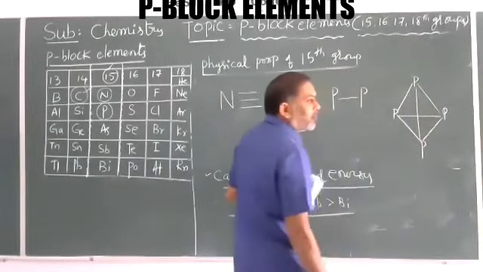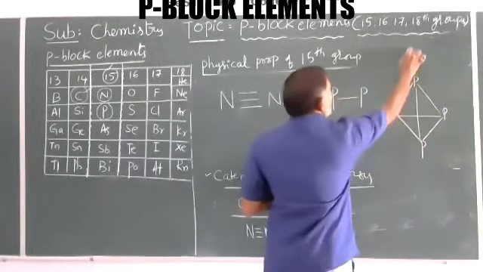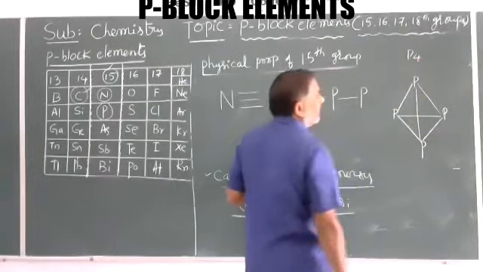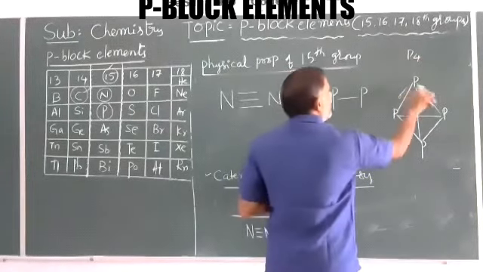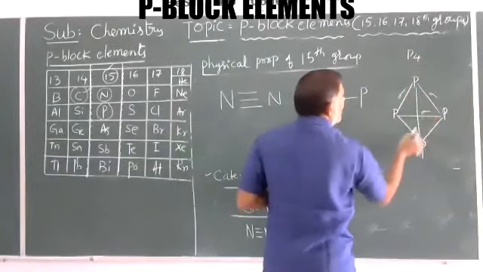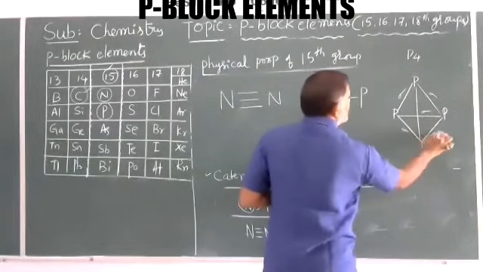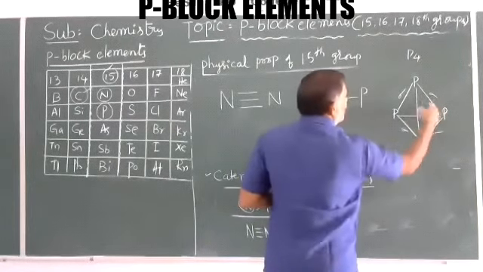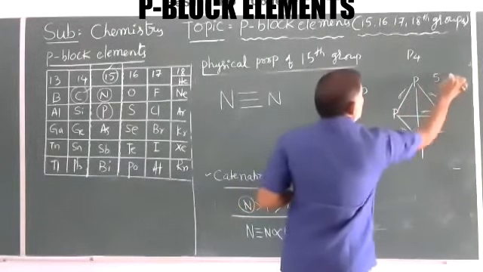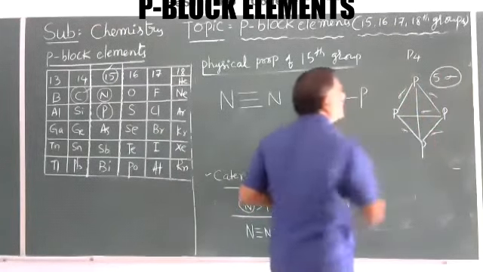Now the total number of sigma bonds in the P4 molecule of white phosphorus: here the sigma bond, and here the sigma and sigma. 1, 2, 3, 4, 5 bonds are present. 5 sigma single bonds are present.